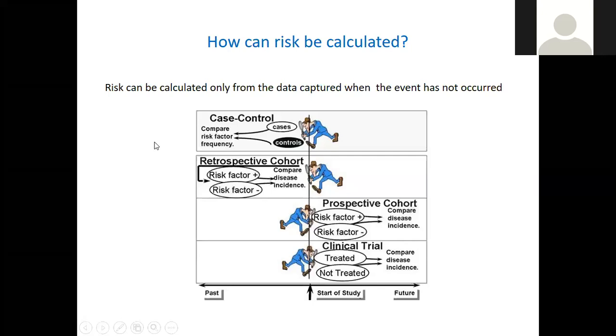Now, if the event has occurred, you cannot measure the risk. You know, it has rained today. Now, say, what is the probability that it will rain today? What is the probability that it will rain today when it has already rained? So you cannot calculate the risk, which is the probability, if the event has occurred. It doesn't make sense. But of course, you can see what you should do.